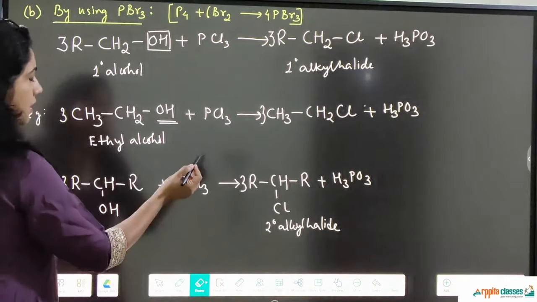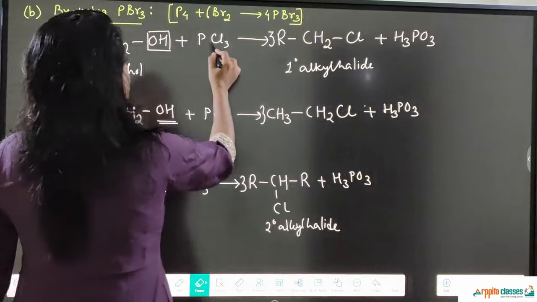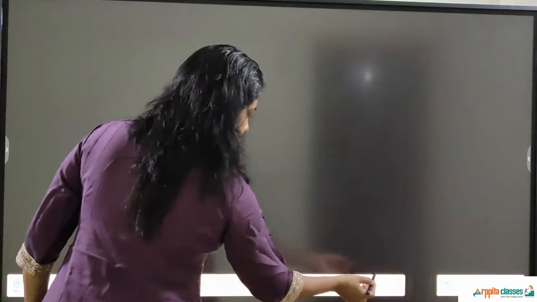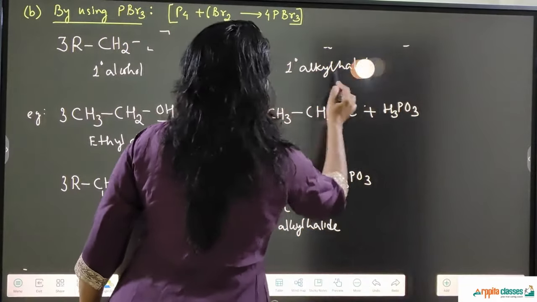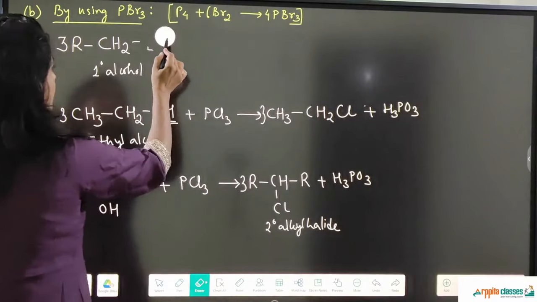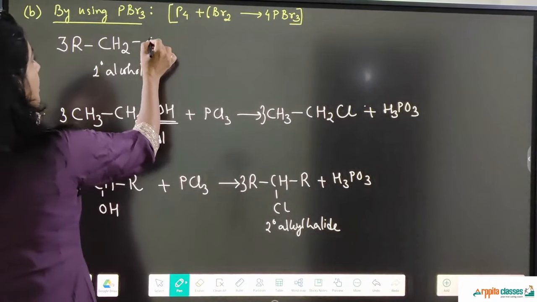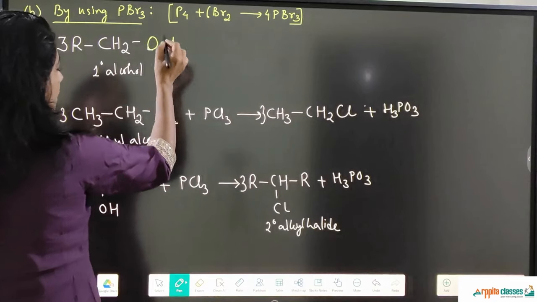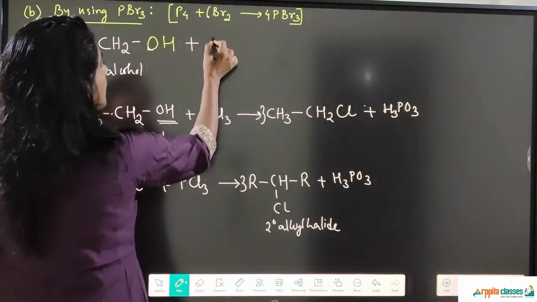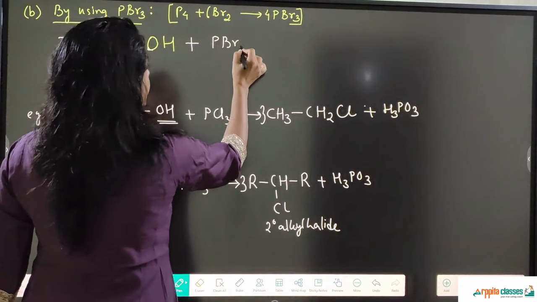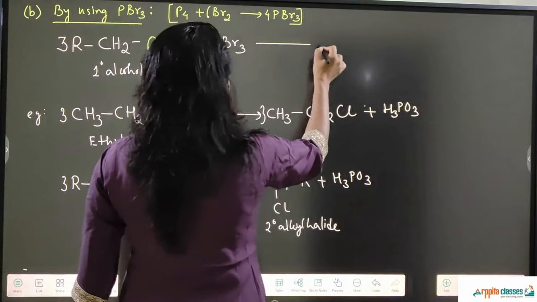Okay, so now this reaction can be written as, I'll just rub this part. Here I'll be taking a 1 degree alcohol, and now I'm treating this with PBr3 for the preparation of bromoalkane.